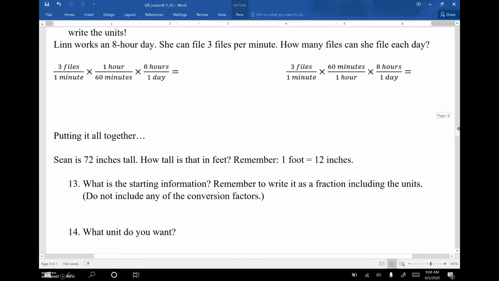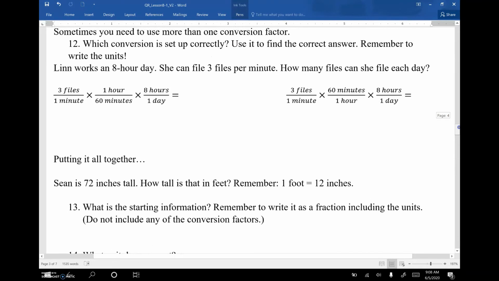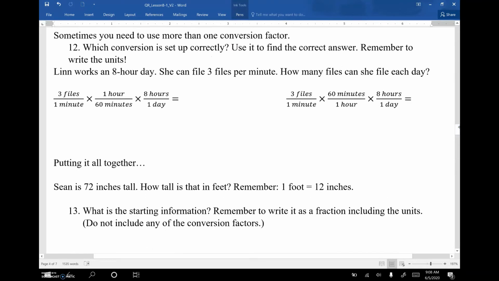Let's do that again. Sometimes you're going to need to have more than one conversion factor. And so which conversion is set up correctly? Lynn works an 8-hour day. She can file 8 files per minute. How many files can she file a day?